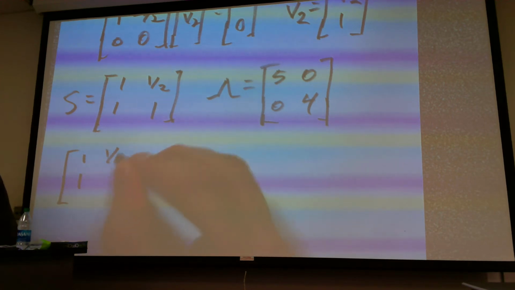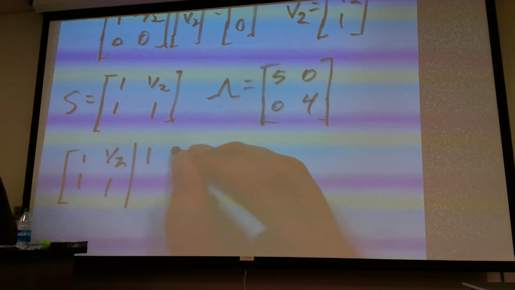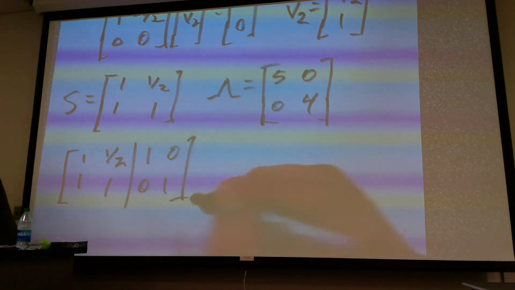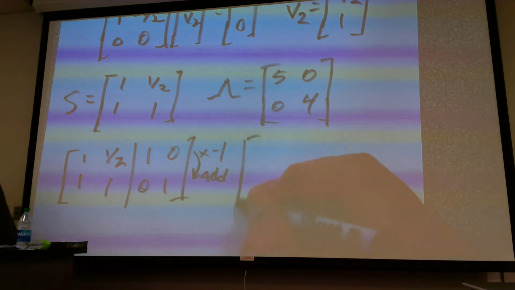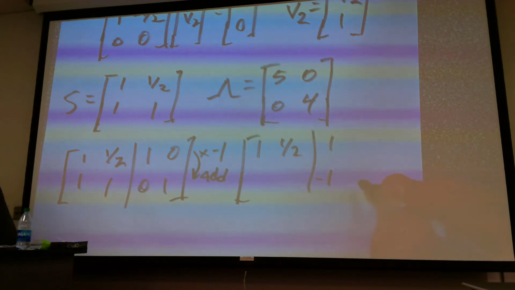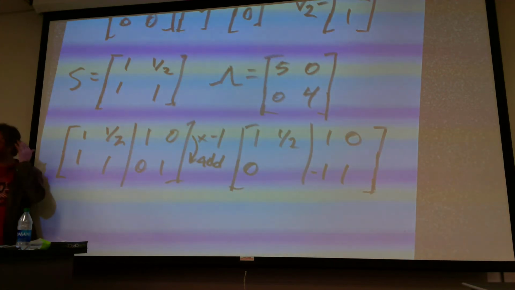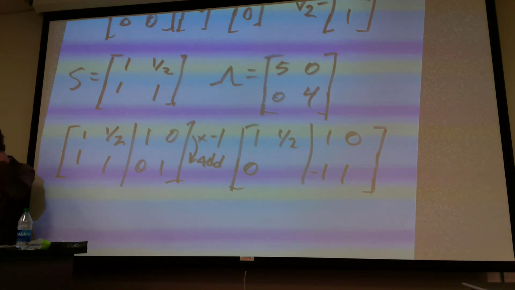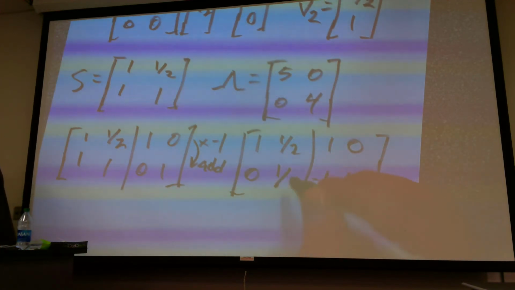1, 1, 1/2, 1, augmented 1, 0, 0, 1. So I take the top row times negative 1 and add to the bottom: 1, 1/2, 1, negative 1, 1, 0. That would be a 0 right there. If I take that and multiply it by -1/2, I'm going to get -1/2. -1/2 plus 1 is a +1/2.